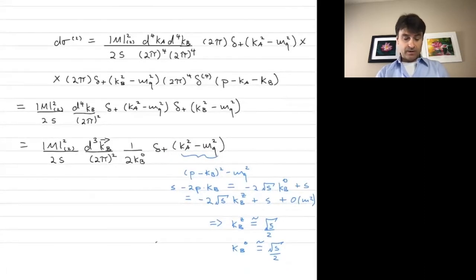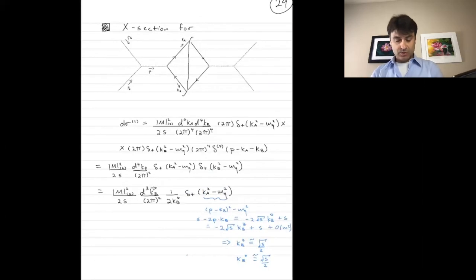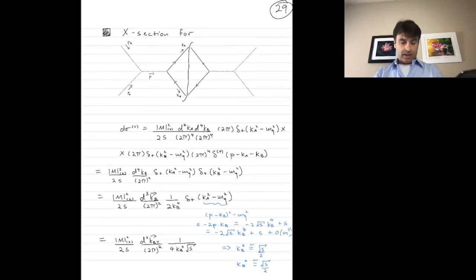And I can use the fact that in the large S limit, KB0 is, up to power suppressed errors, KBZ. So KBZ is, up to power suppressed errors again, root S over 2, and KB0 is root S over 2. Both the same sign because the Z axis is again going to be along the direction of KB. And so doing that delta function pulls out a 2 square root of S down here.